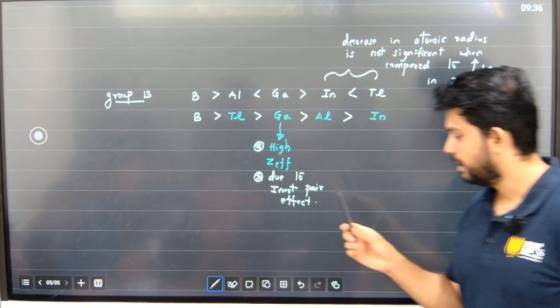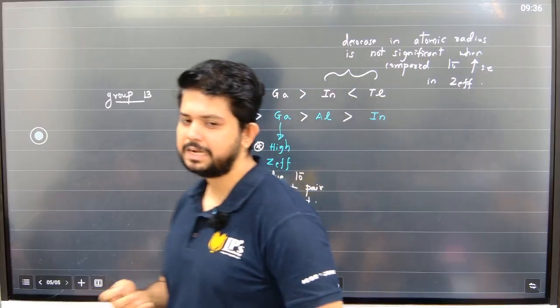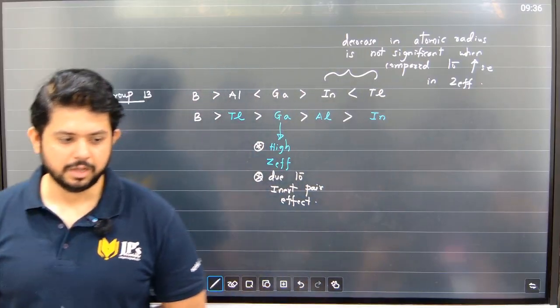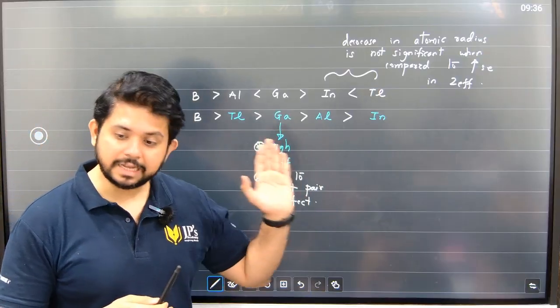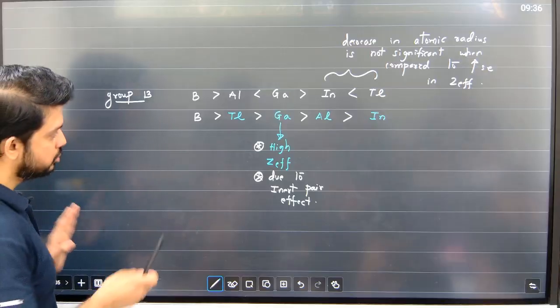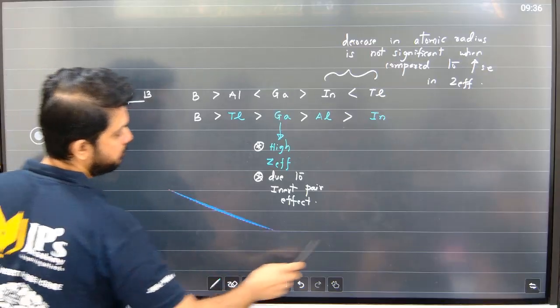So most of the time they won't ask you the exact reason for the exception. I leave it up to you. But most of the time, trend exception questions will come. So that's the first exception, group 13.